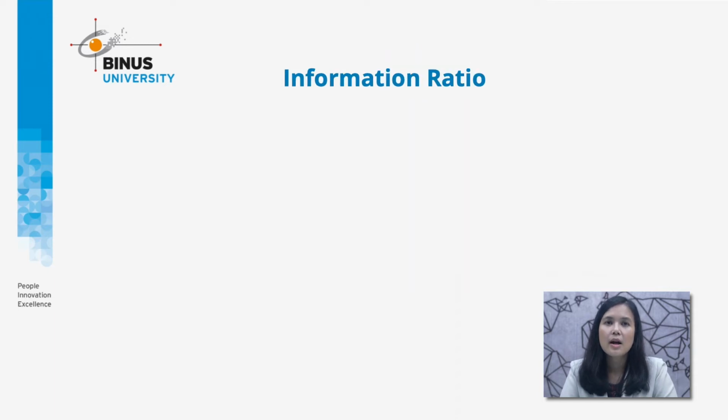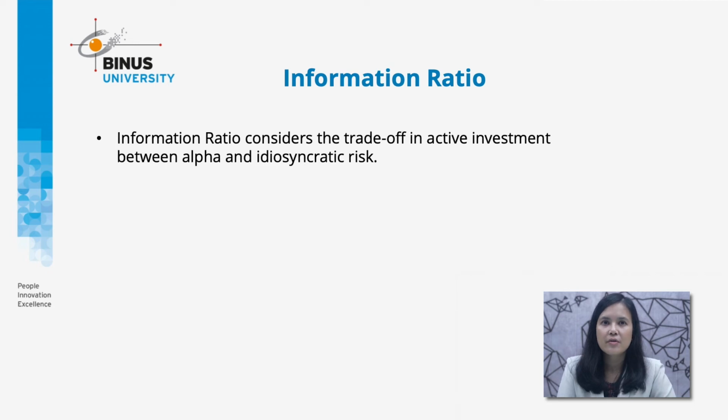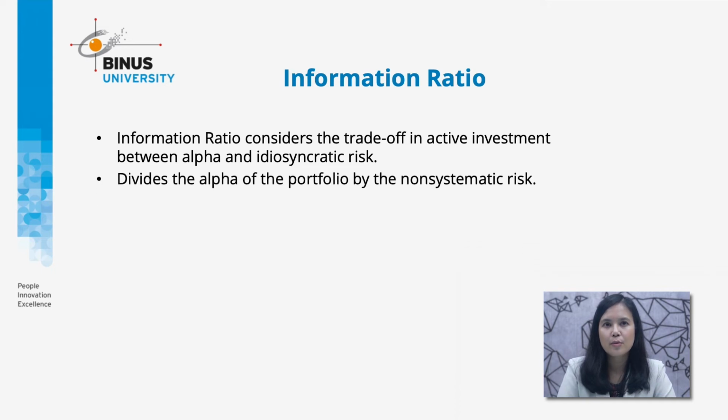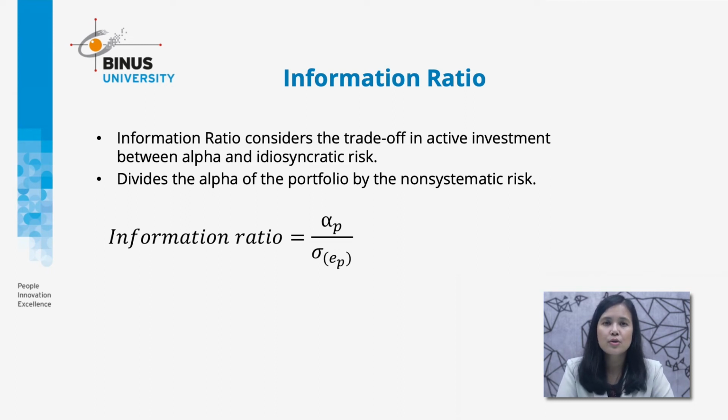Next is the information ratio. It considers the trade-off in active investment between alpha and idiosyncratic risk. It divides the alpha of the portfolio by the non-systematic risk. The information ratio is a measurement of portfolio returns beyond the returns of a benchmark, usually an index, compared to the volatility of those returns.